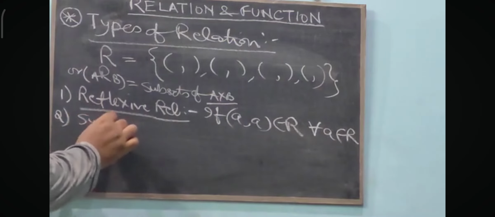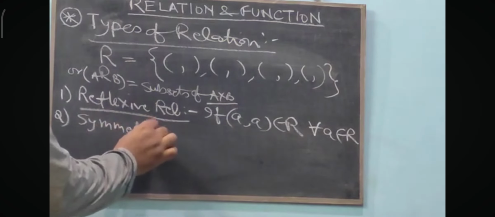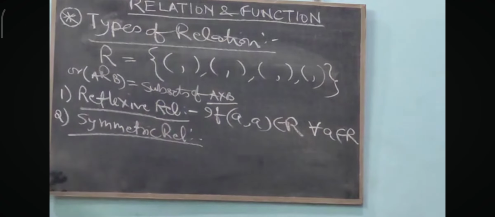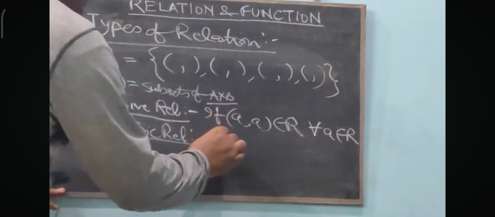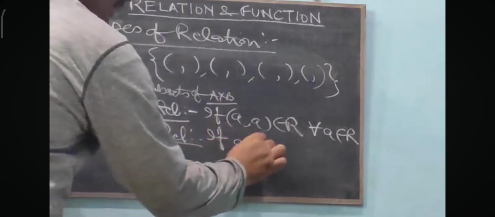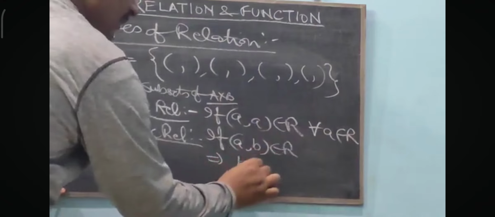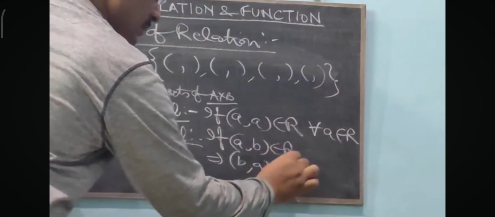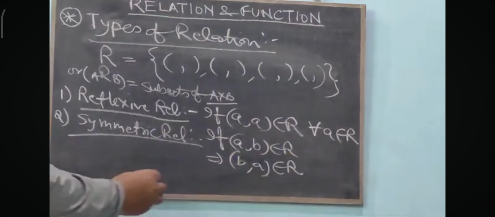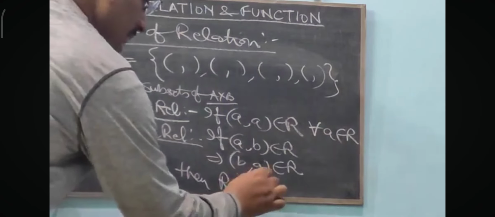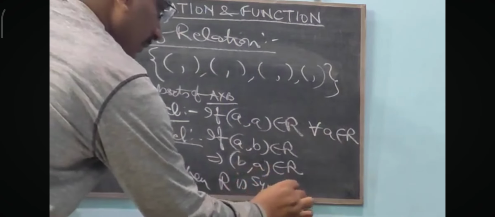Now the second one is symmetric relation. What does symmetric relation say? It says if A comma B belongs to R, and this implies B comma A also belongs to R, then we say that R is a symmetric relation.